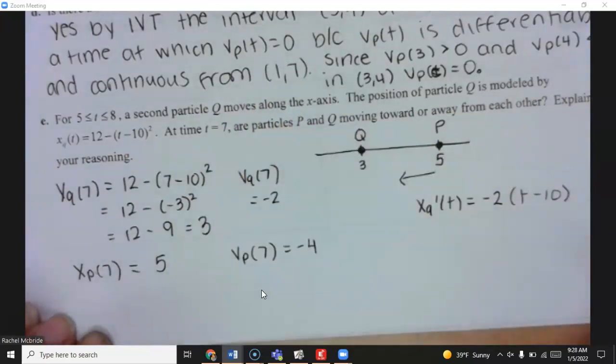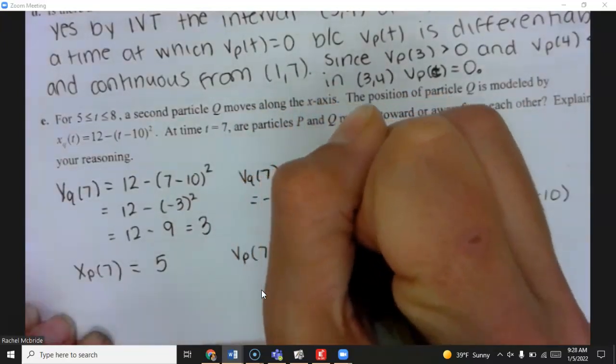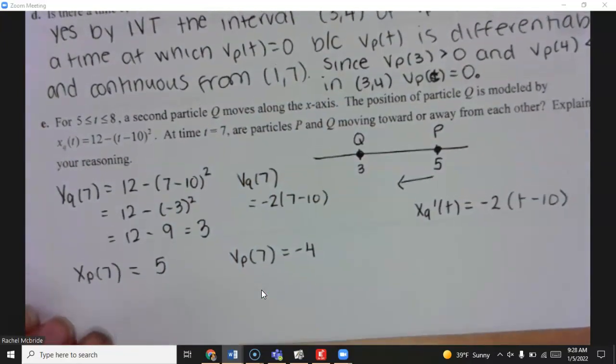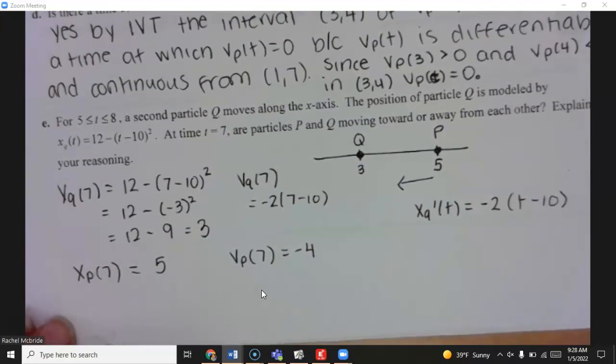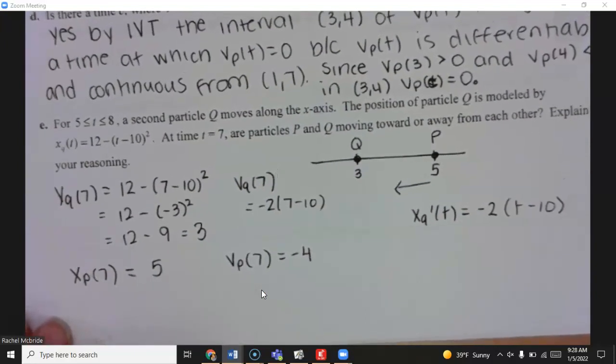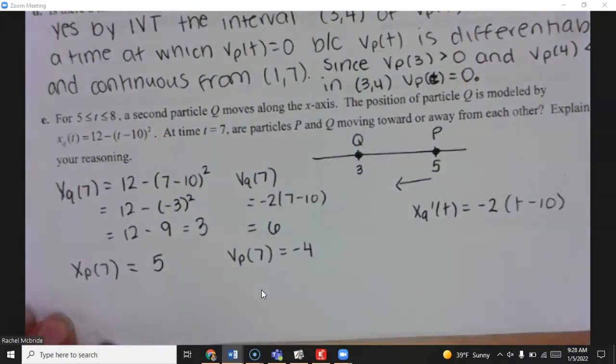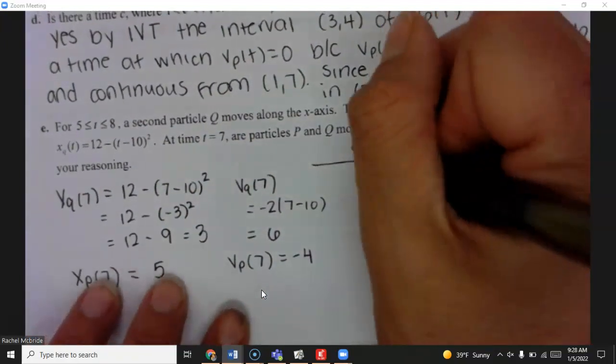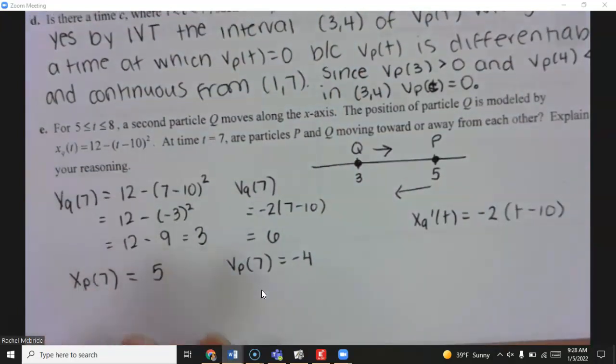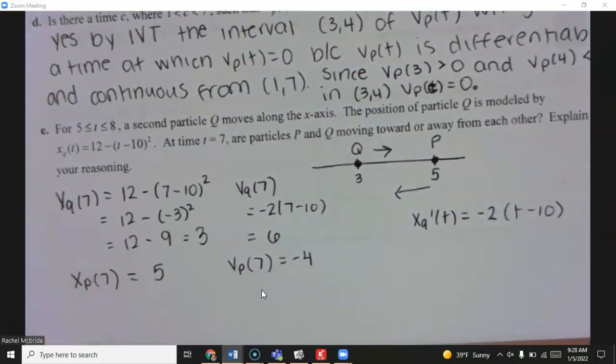We get -2 times 7 minus 10. So 7 minus 10 is -3. -3 times -2 is +6, which means that Q is moving to the right. Exactly. So are the particles moving toward or away? They are moving toward each other.